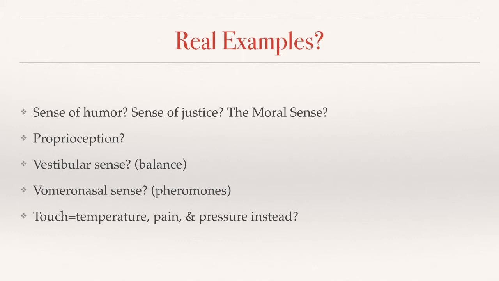Maybe there isn't one sense, the sense of touch. Maybe there are 3 different senses: the sense of temperature, the sense of pain, and the sense of pressure. And then if that were the case, there wouldn't be 5 senses, but rather these 7, because you'd have to split this last one up into 2 extra categories to account for the different kinds of receptors.